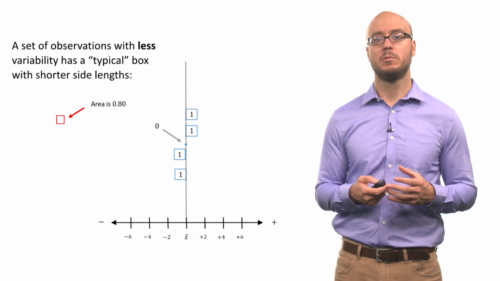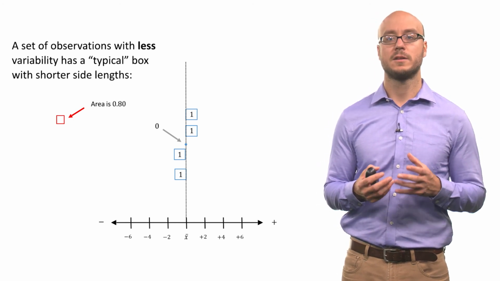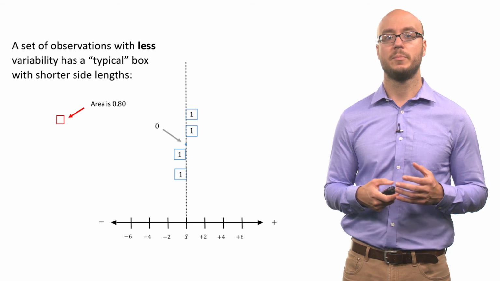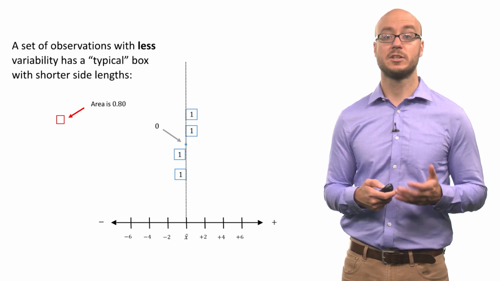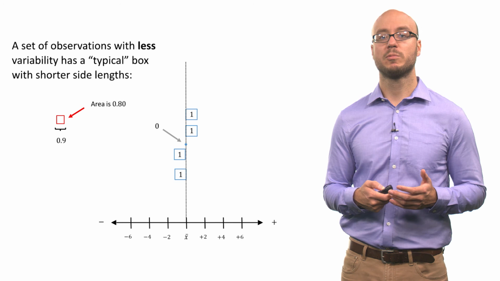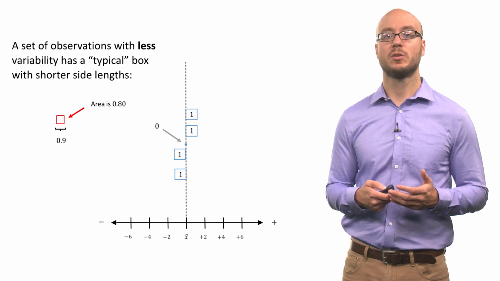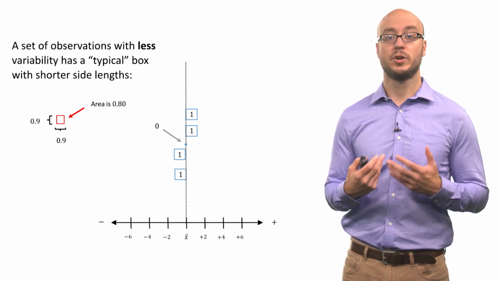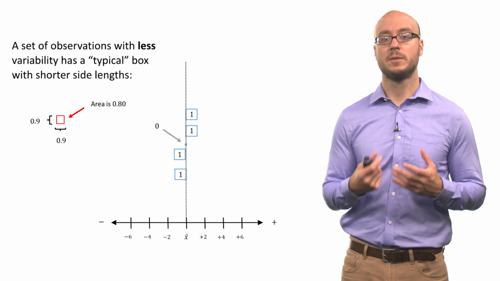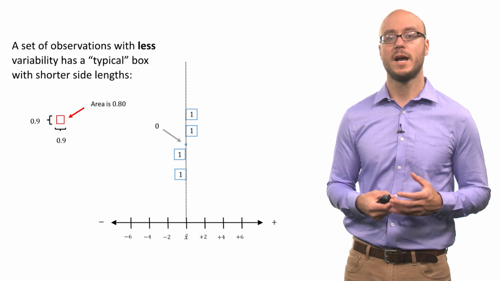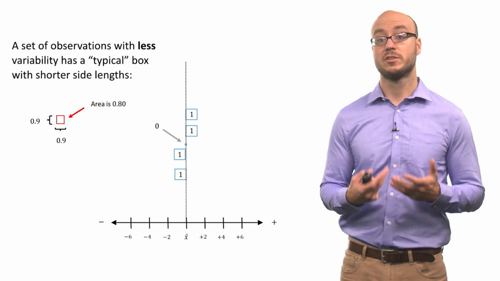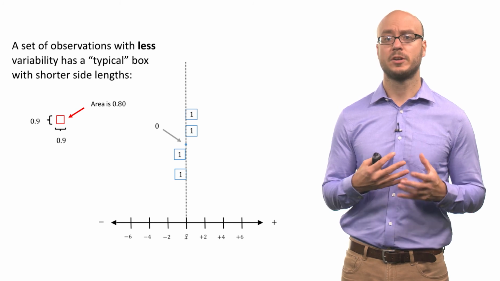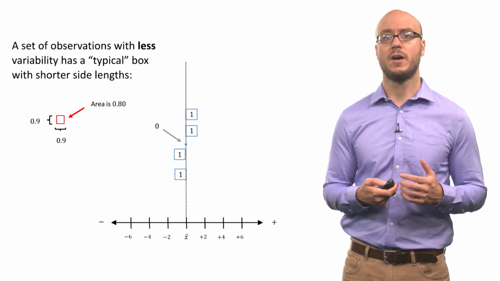So for this data set, in which we have a smaller degree of variability, the variance is 0.8, and then the square root of that variance is 0.9. To put it another way, the side length of our typical box is 0.9. So the standard deviation of 0.9 is reflecting the smaller degree of variability in this set of observations.